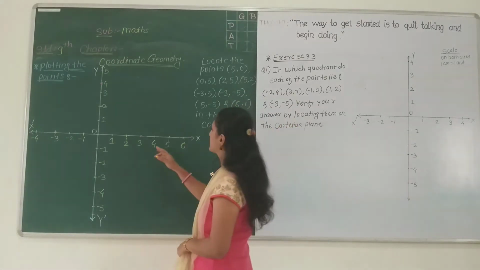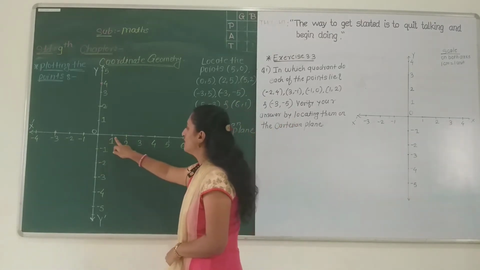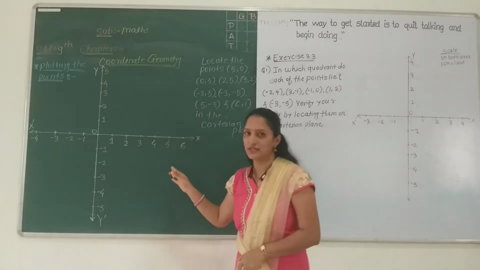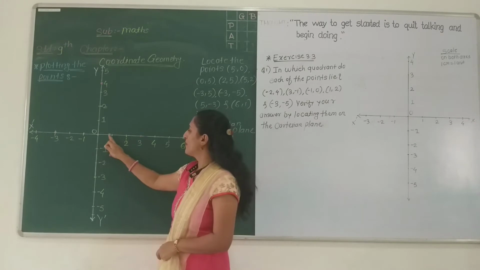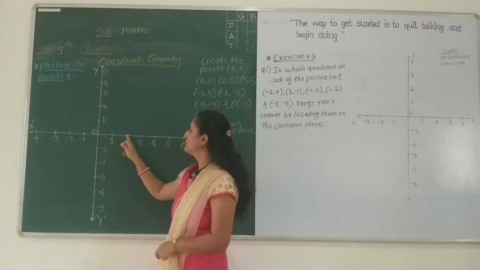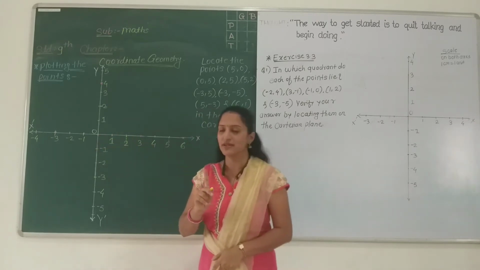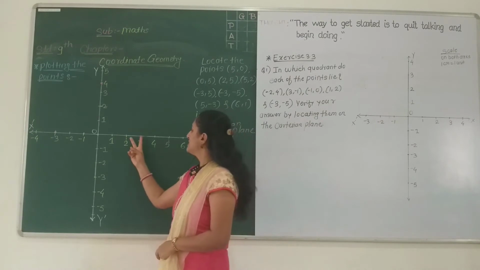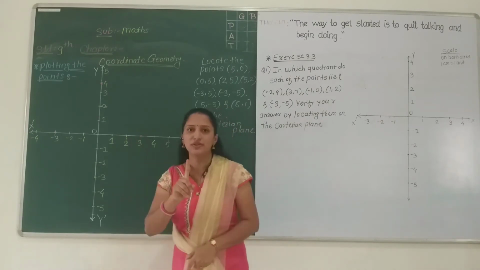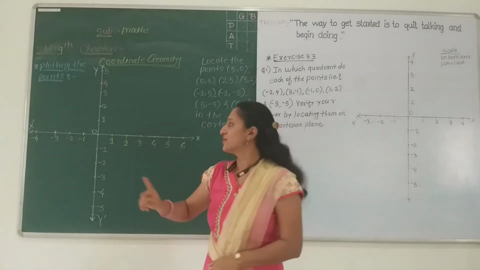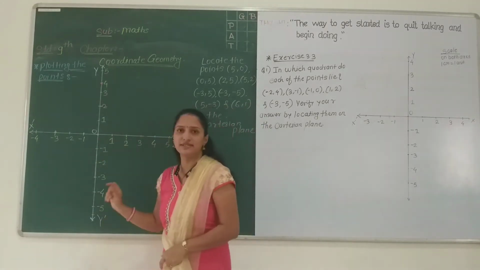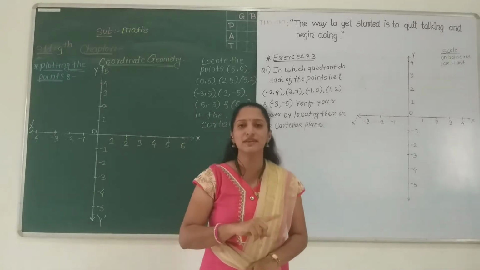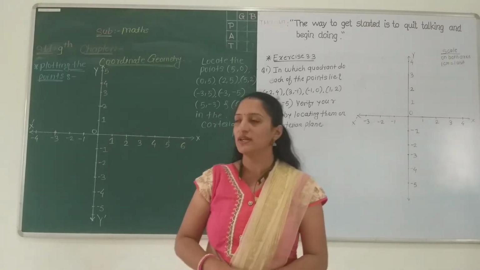What is scale? The distance between the points 0 to 1, 1 to 2, 2 to 3 is 1 centimeter. That means the distance between any two points is only 1 centimeter. So on both the x-axis and y-axis, the scale is 1 centimeter equal to 1 unit.